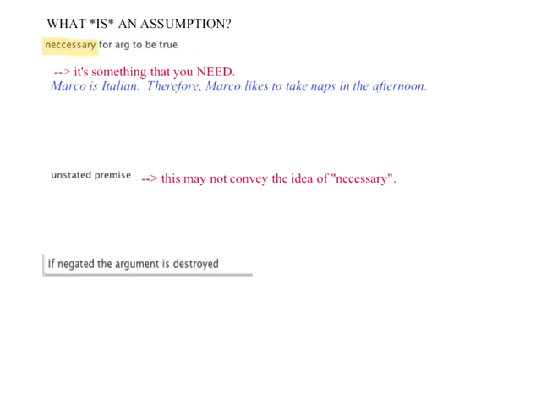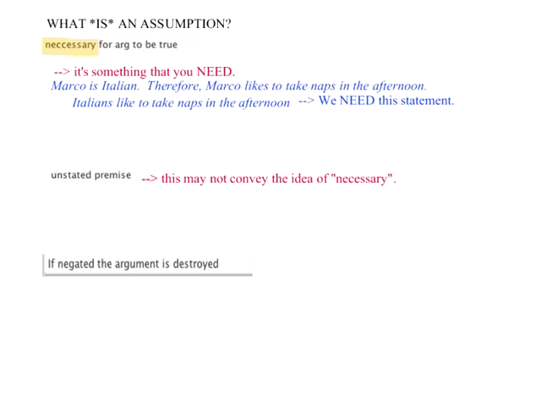As an argument. So one thing that is an assumption would be Italians like to take naps in the afternoon. That's actually a necessary statement. We need this for the argument to work. So this is an assumption.